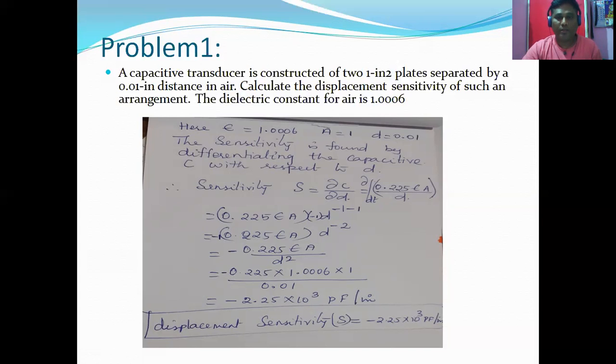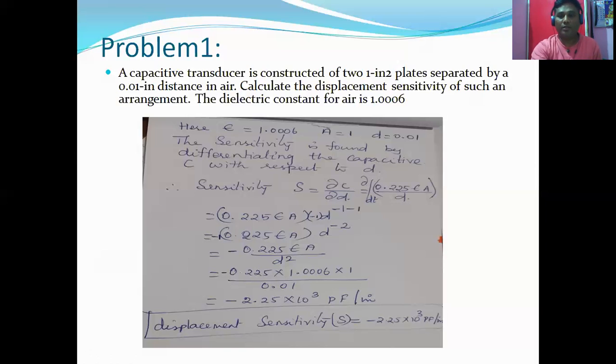So we apply 1.0006 into 1, divided by d, where d is equal to 0.01. Before we take the differentiation, in this displacement sensitivity we consider the change in capacitance values. That is, 0.225 is the constant. Then epsilon A divided by d, we take the differentiation.